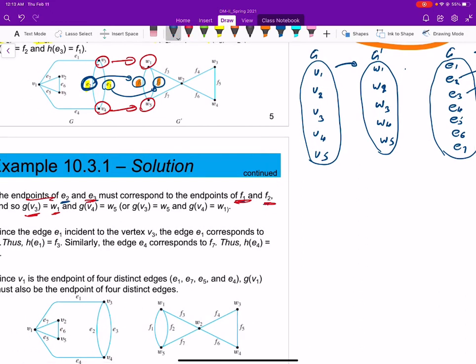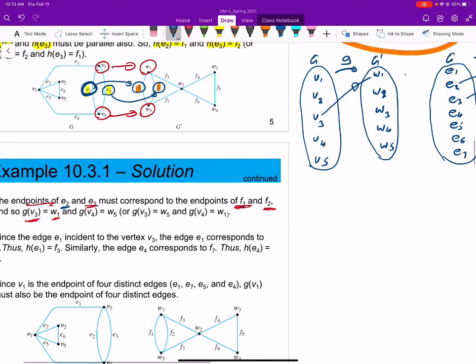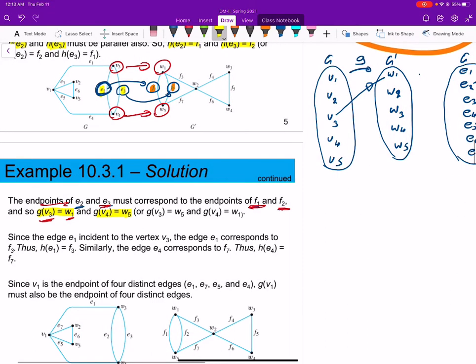V3 maps to W1, this is the mapping G. And then G(V4) should match with W5. V4 to W5. They match like this too.